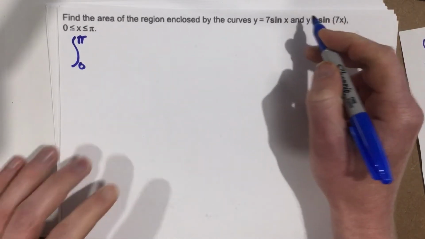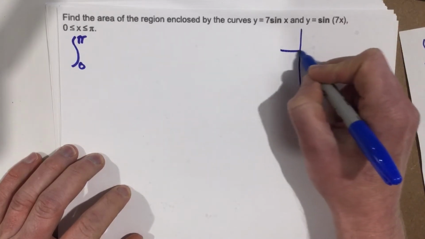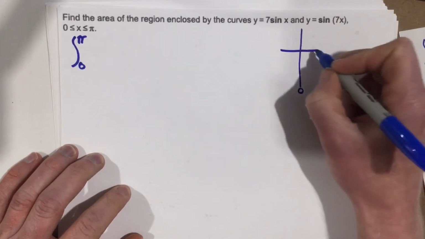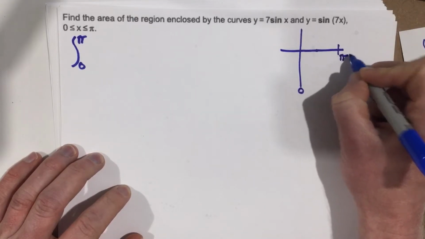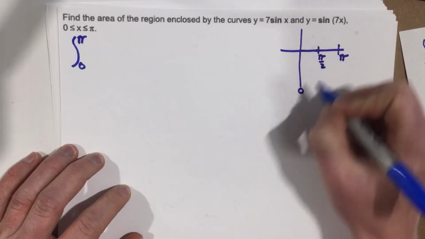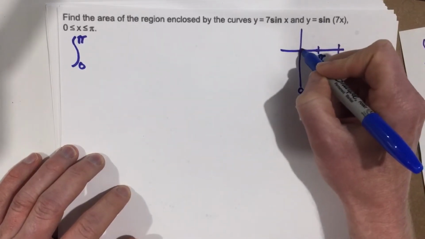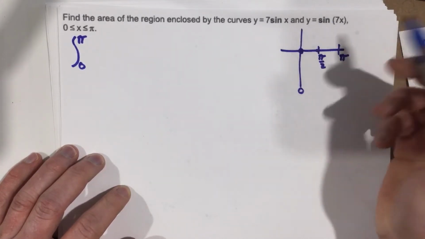So at this point, if we look at a graph, and we call this spot 0, and out here this is spot pi, and this is pi over 2. Let's graph these functions. So they both start here, and when we plug in 0, that's what we get for both.